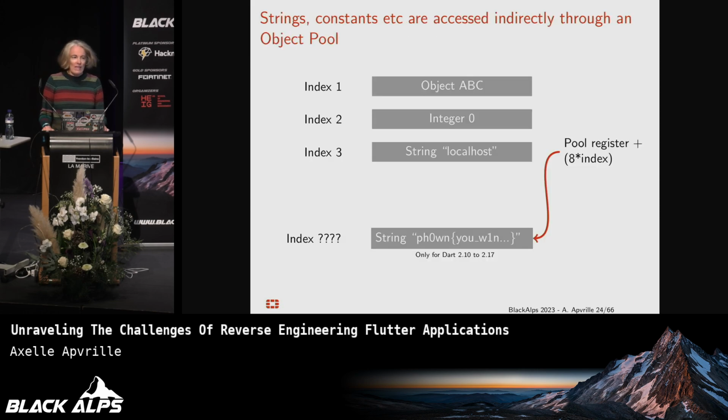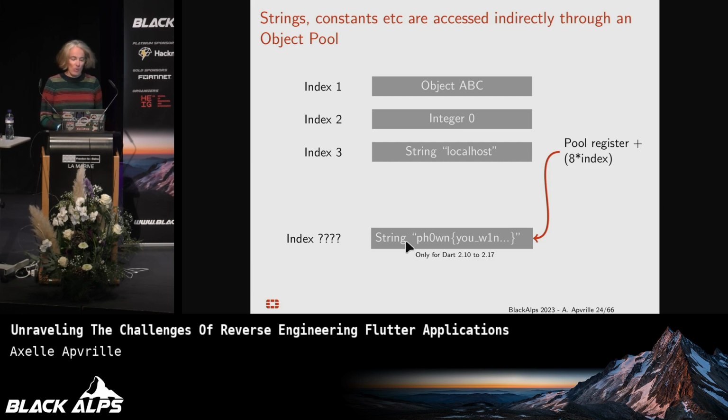So why isn't it finding that string? Basically it's because Dart is using an object pool where it stores all the objects that it uses quite frequently, or all the constants, the strings, and everything.